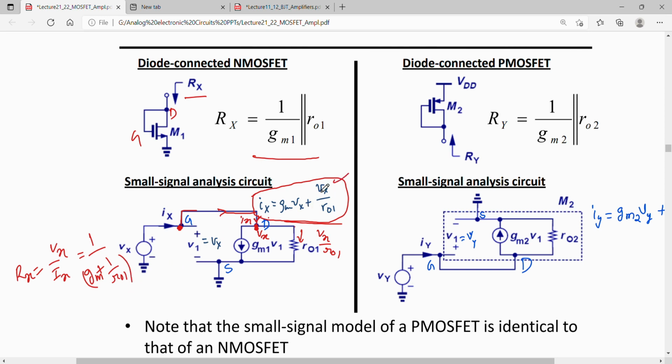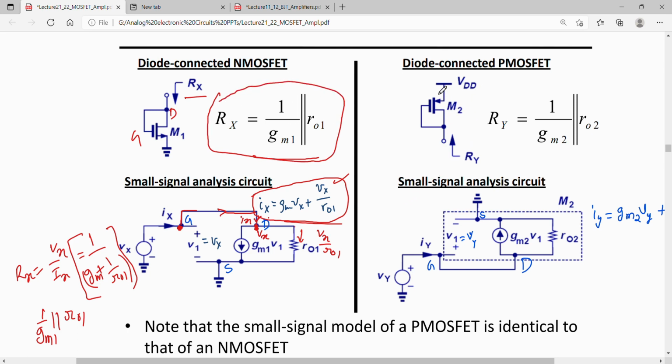Right, from here Vx by Ix is 1 by gm plus 1 by ro1, and this entire term is equivalent to 1 by gm1 parallel to ro1. So the impedance looking into the drain is equal to 1 by gm1 parallel to ro1, right, which we had assumed.